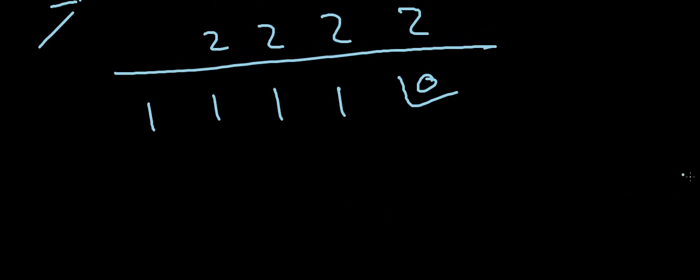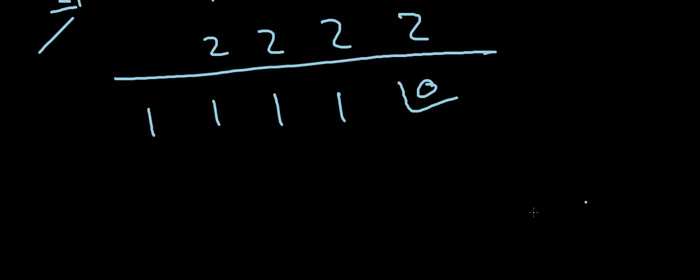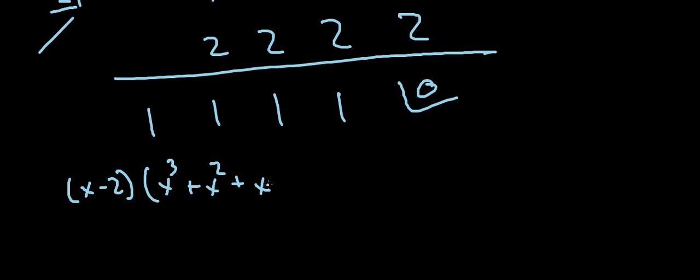So when we pull out x minus 2, we're left with x cubed plus x squared plus x to the first plus 1. How nice.